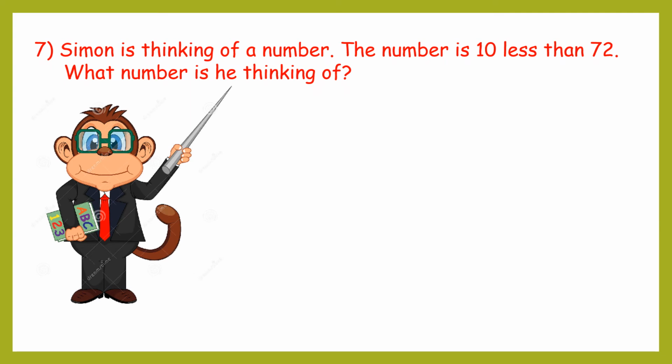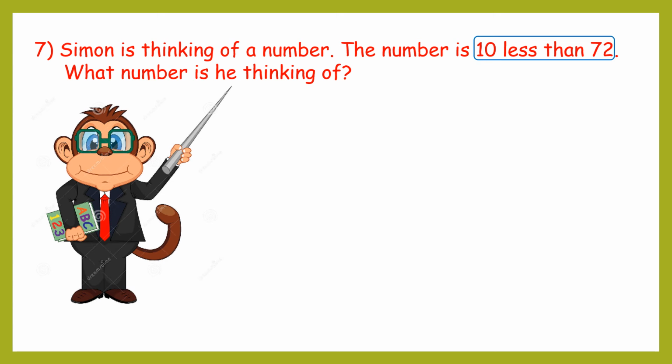Number 7. Simon is thinking of a number. The number is 10 less than 72. What number is he thinking of? Now, the word 10 less than 72, from what we learned from before, it means minus.